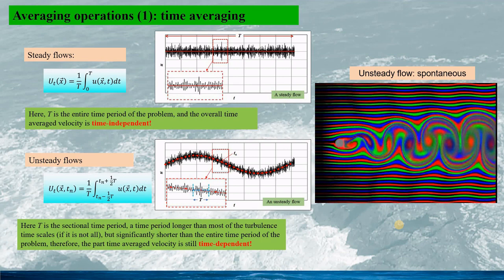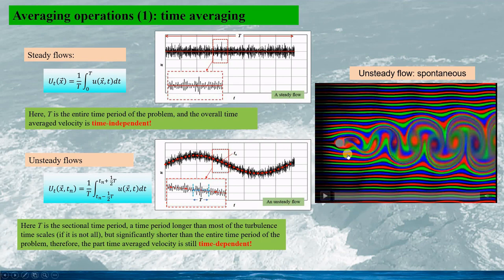The unsteadiness of the flow around the cylinder is caused by the vortex shedding, although the incoming flow and the boundary conditions are steady.